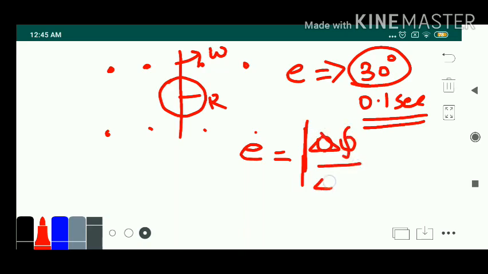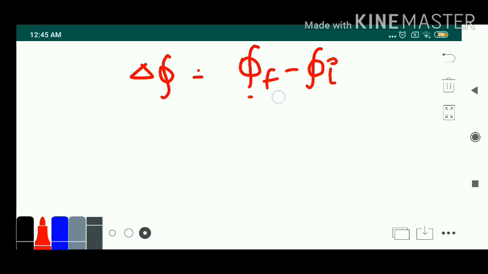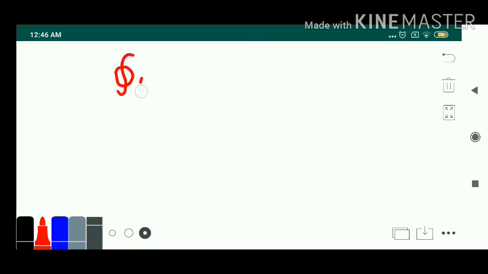EMF is Δφ by Δt. This much you know. So what is Δφ? Delta phi is the change in flux, so final flux minus initial flux, divided by the time interval. This is the expression. So let's see what the initial flux is, guys.